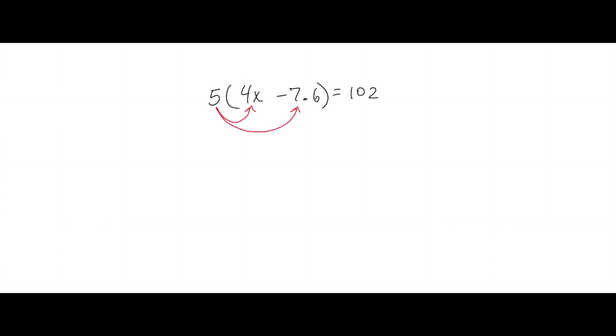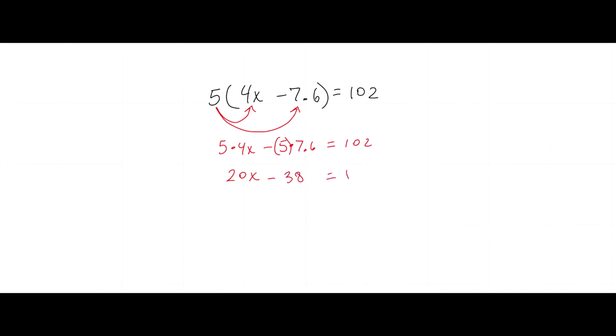Multiply 5 times 4x, and then multiply 5 times 7.6. We're going to have 20x here, and 5 times 7.6 gives me 38.